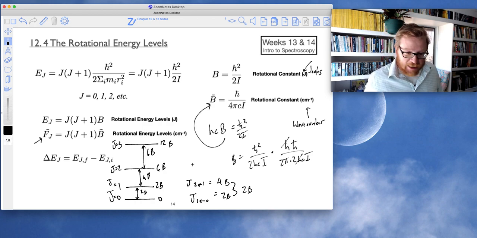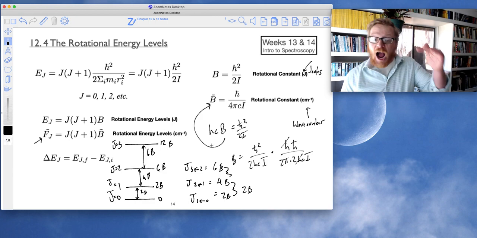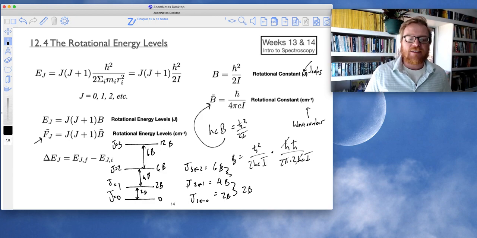Okay, so let's look at the next one, J3 to 2. And so we know that one is 6B. But look, the difference between these two is 2B. All right, and if we were to keep going up, we would see this constant 2B difference, 2 times B, between each level.